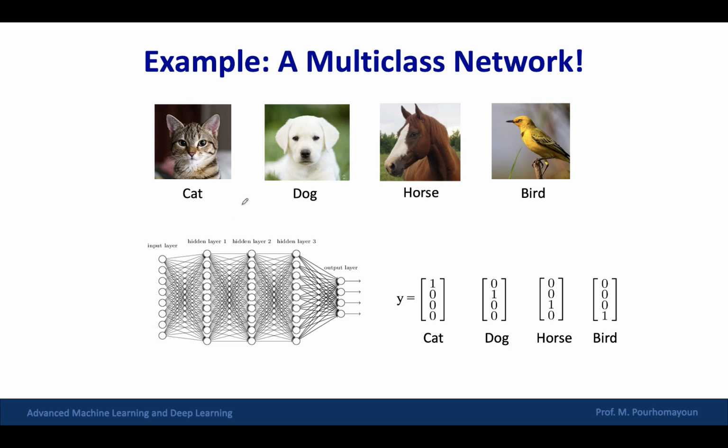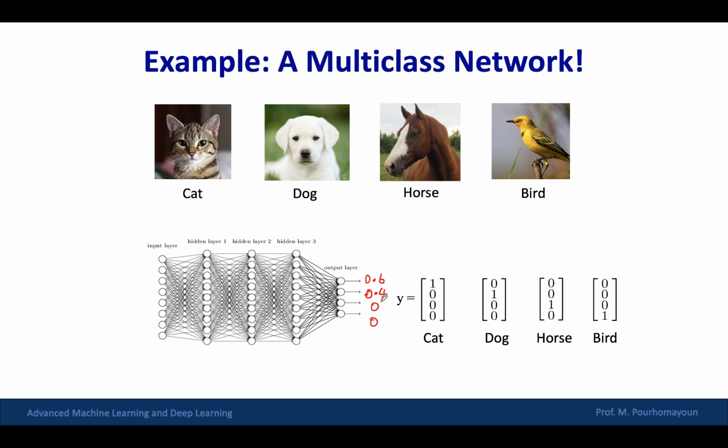But if it generates something like, for example, 0.6 here and 0.4 here and 0 here, 0 here, this is a common thing that happens in real life.